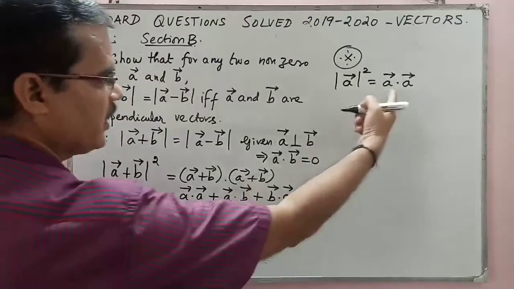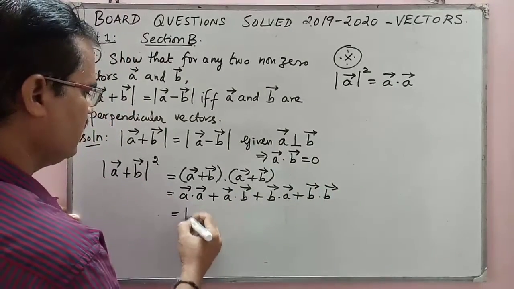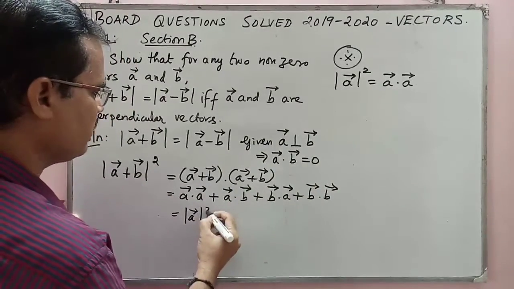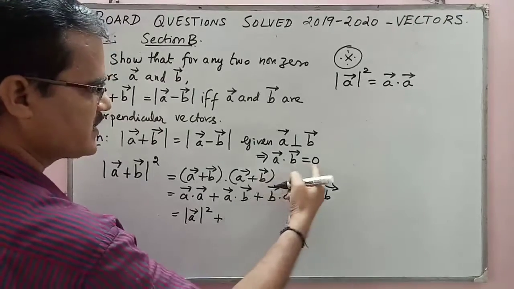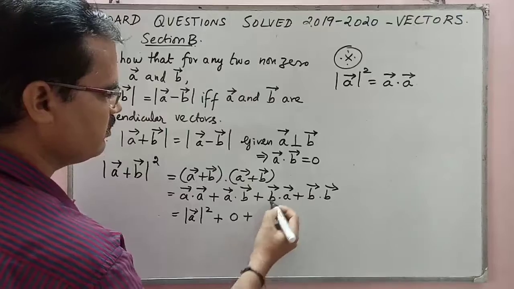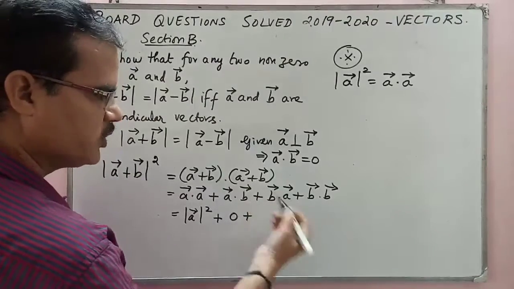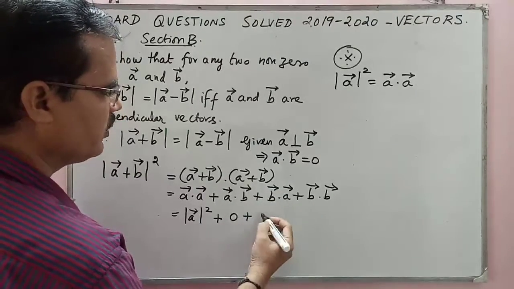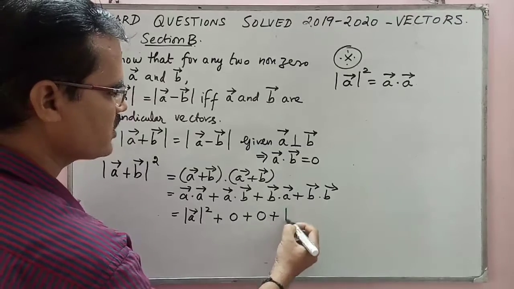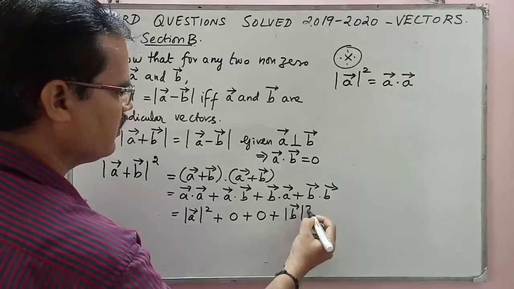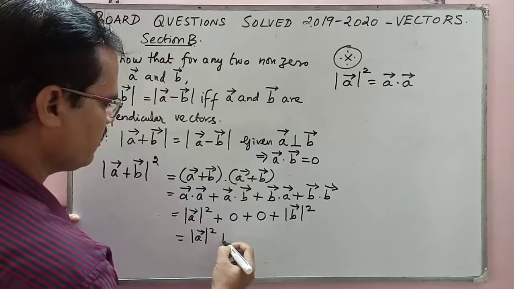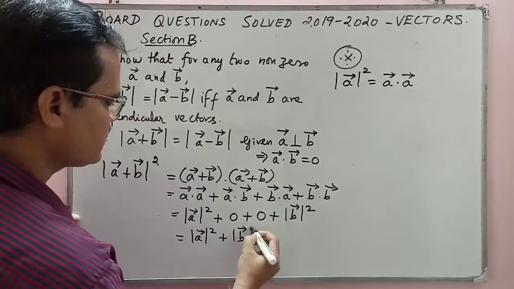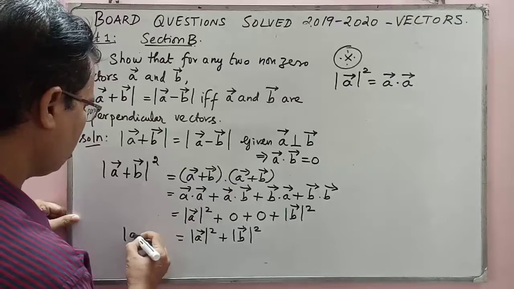Now A dot A we can write as modulus of A vector squared, plus A dot B. A dot B we know it is 0, plus B dot A, or A dot B, both are the same because the dot product is commutative. So again 0, plus modulus of B vector squared. So this comes to an end. We have modulus of A squared plus modulus of B squared as your A vector plus B vector squared.